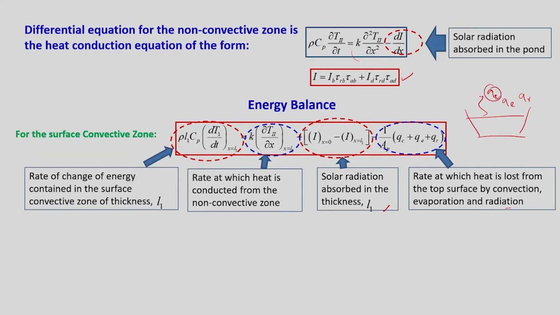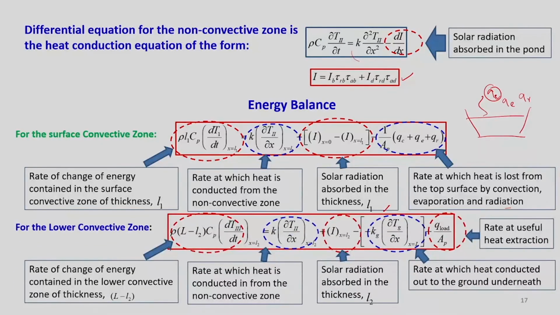Now, for the lower convective zone, the equation is like this. This part shows the rate of change of energy contained in the lower convective zone of thickness L minus L2, and this is the rate at which heat is conducted in from the non-convective zone, the conduction part.